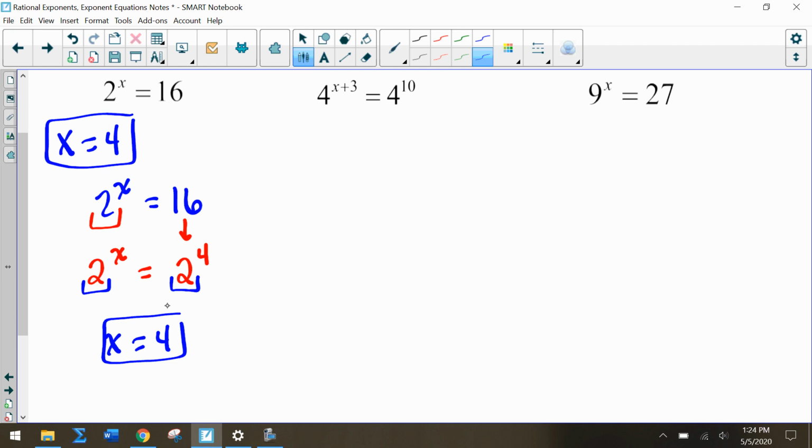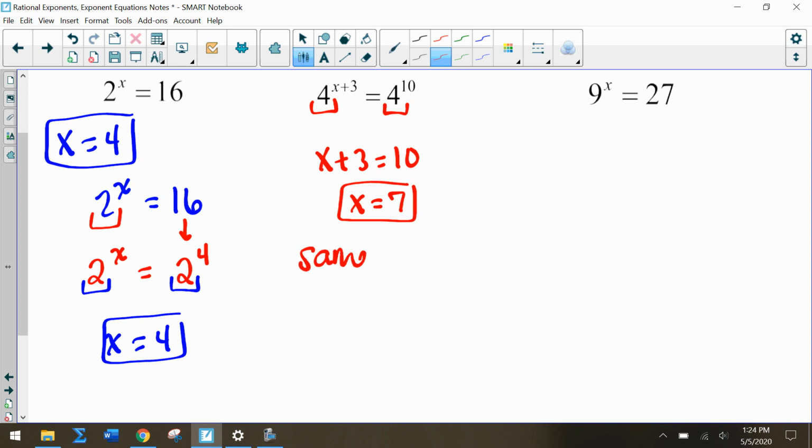So if we look at the second example, we have 4 to the x plus 3 equals 4 to the 10th. So since we have the same base, we could set both those exponents equal to each other and get x equals 7.